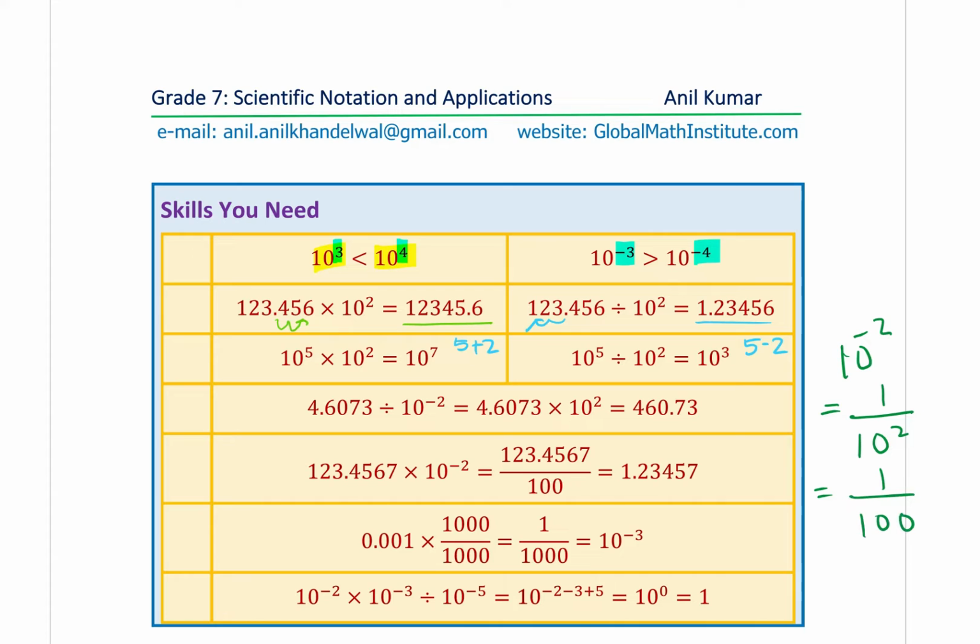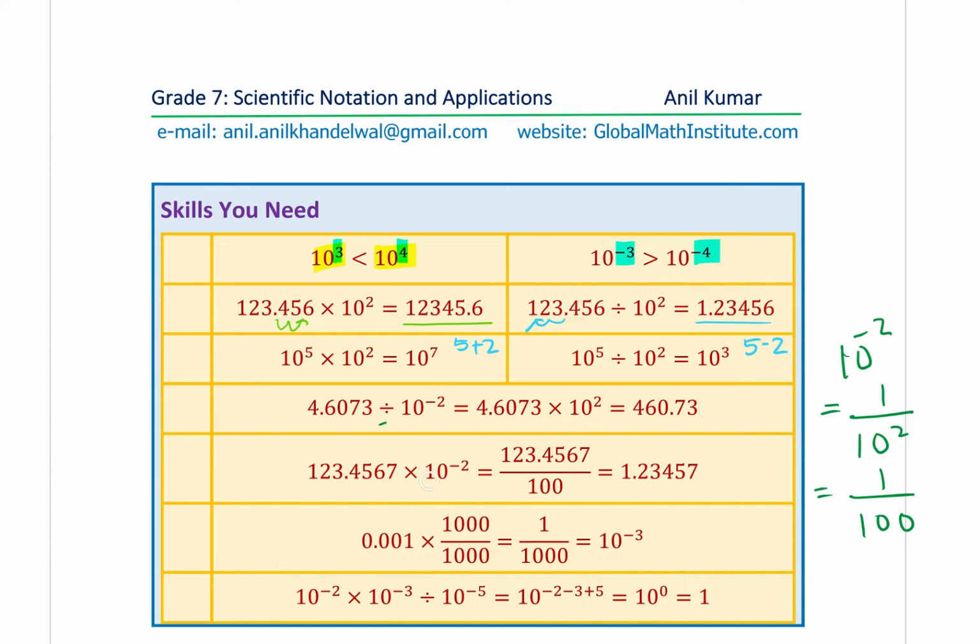Does it make sense to you? Correct? So when you're dividing by this, it means multiply by its reciprocal. And the reciprocal is 10 squared, right? So dividing by 1 over 100 is multiplying by 100. And that is how you get your result. Very important thing to consider before moving forward.